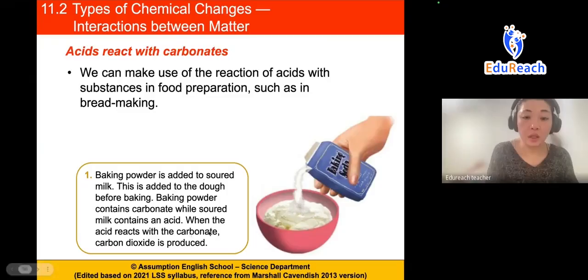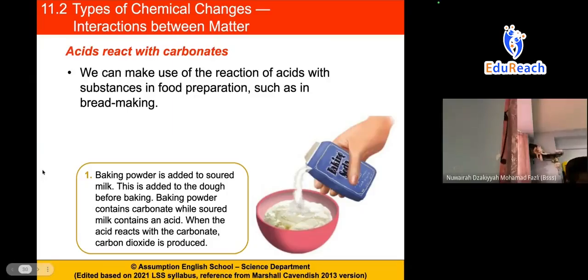Can you read what you see in this box over here? Number one, baking powder is added to soured milk. This is added to the dough before baking. Baking powder contains carbonate while soured milk contains an acid. When the acid reacts with the carbonate, carbon dioxide is produced.